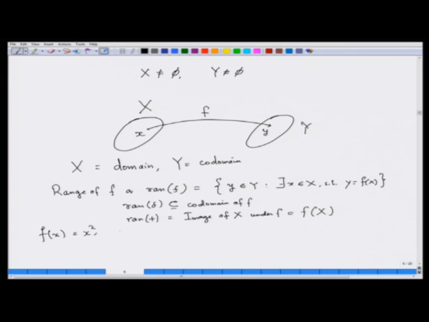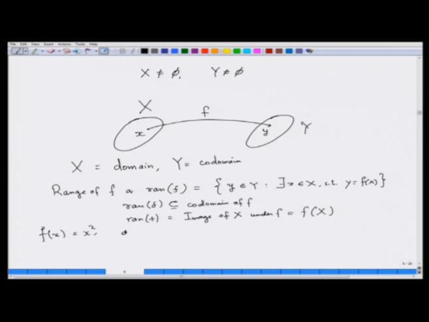Here the domain means, when I am talking about a domain, I have to operate this function f on each and every element of the domain. This is of fundamental importance, that each and every element of the domain has to be acted on by f. So, if I take f(x) equal to x square, I can square any real number.